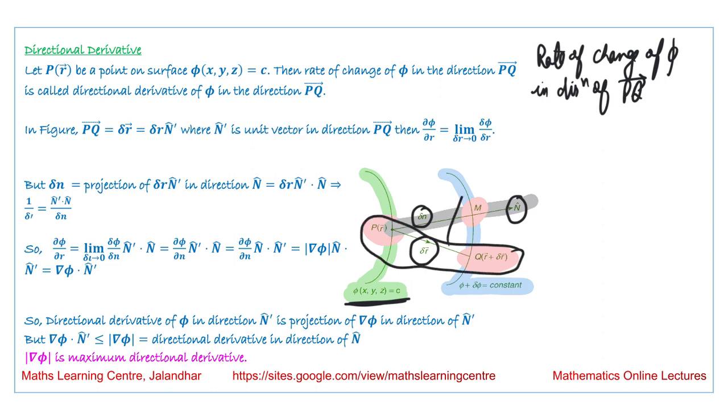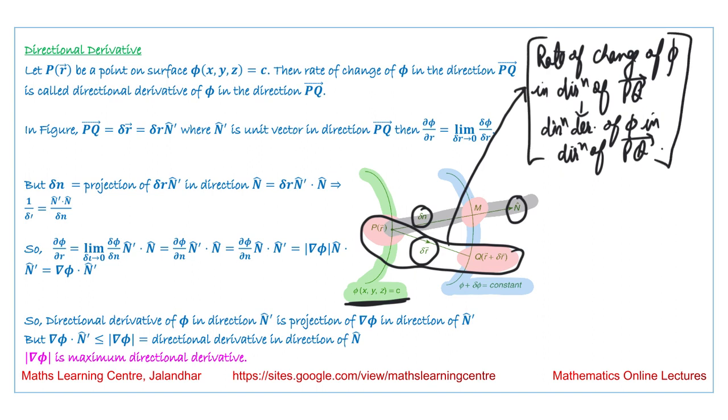If we are calculating the rate of change of phi in direction of PQ vector, that is called the directional derivative of phi in direction of PQ vector. So we are saying this is the definition for the directional derivative. The rate of change of phi in the direction of PQ vector is called the directional derivative of phi in the direction of PQ vector.